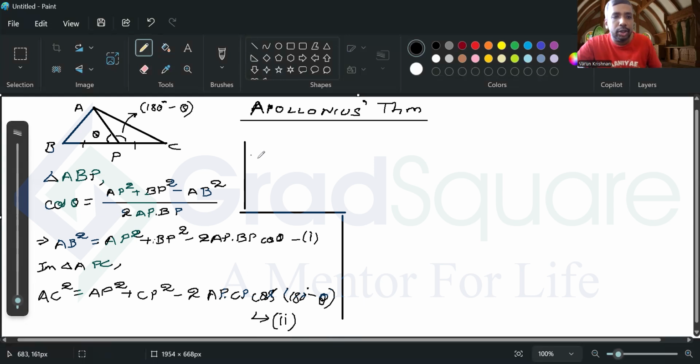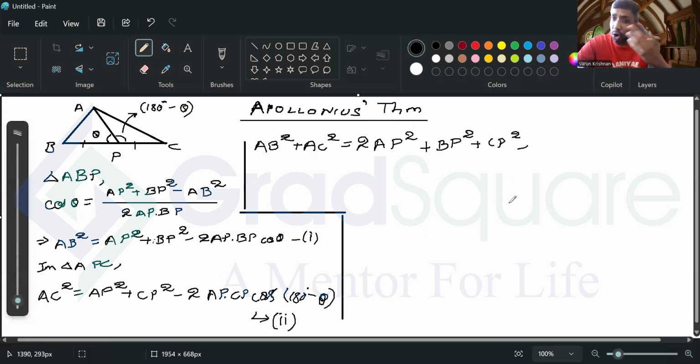I'll get AB square plus AC square is equal to AP square plus AP square, so I'll get 2 into AP square, plus BP square plus CP square, minus, I can take 2 into AP into BP common, because P being the midpoint of BC, BP and CP are equal.